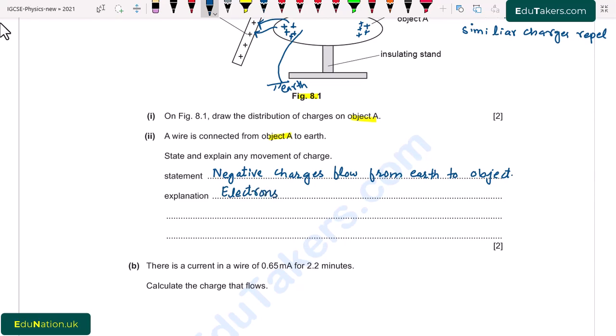Electrons means negative charges flow to balance excess positive charge on the object.